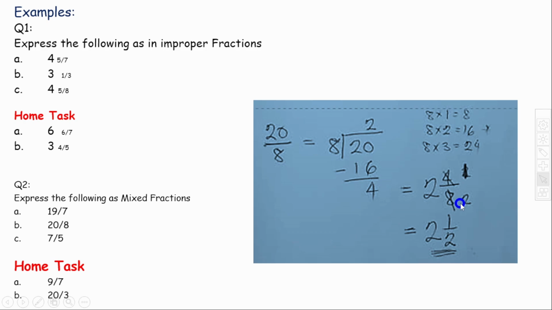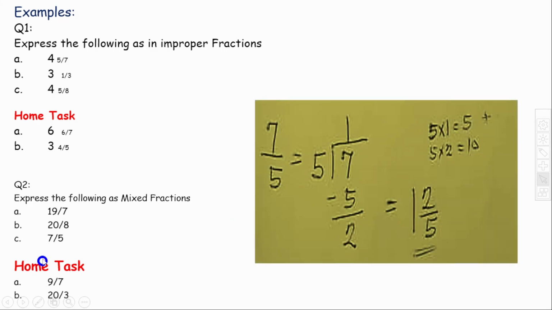The common factor is what? 4. You divide both the numerator and denominator by 4. 8 divided by 4 is 2. 4 divided by 4 is 1. So the final answer becomes 2, 1 all over 2 as the mixed number final answer.